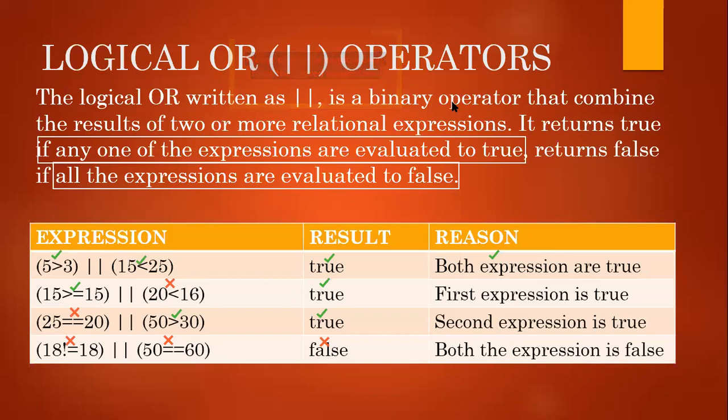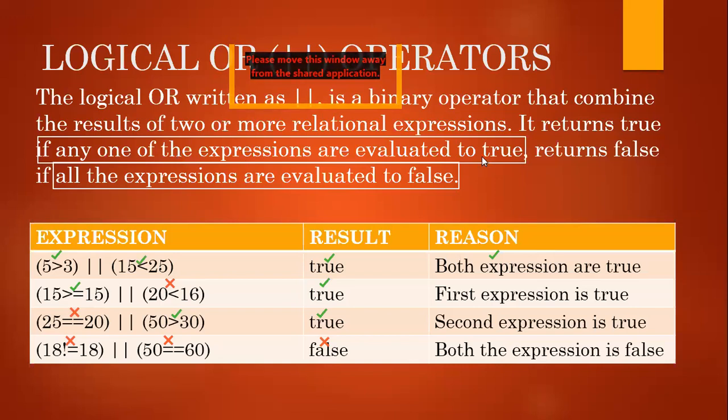A child, even if he passes in any one subject, will be promoted. Because we are using the OR operator, OR will result in true even if any one expression comes out to be true.